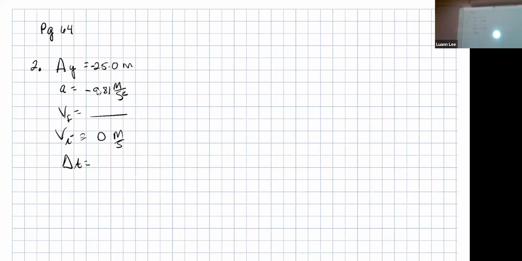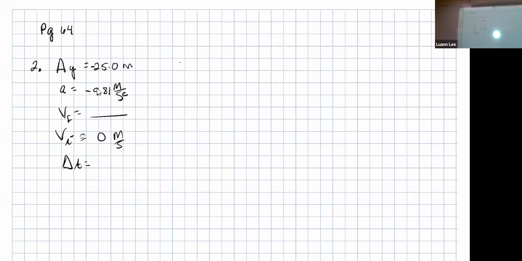Well, what did you use? I used the displacement equals 1/2 multiplied by VI plus VF in parentheses multiplied by time. But we don't have time, so we're trying to find time. Okay, so this will be helpful for part B, right?